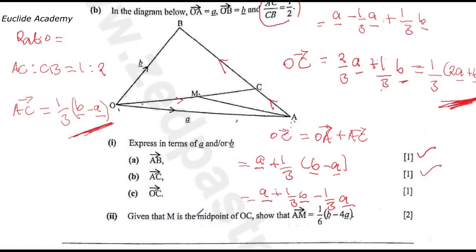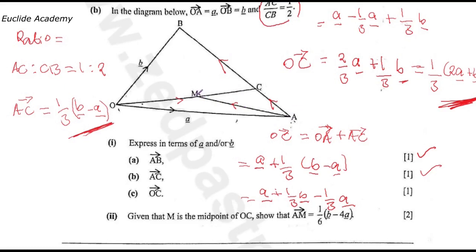Given that M is the midpoint of OC, we'll need the vector OM and MC, and whichever vector we choose, we can use any of these to find the vector AM, because we're coming from A, going to M, so that is the direction there, A to M.